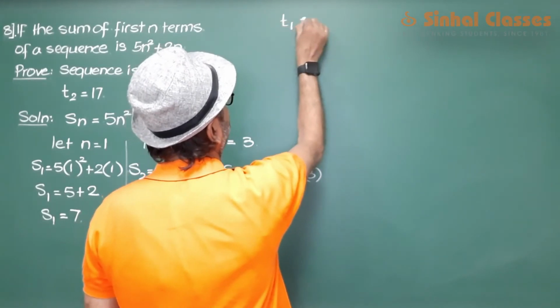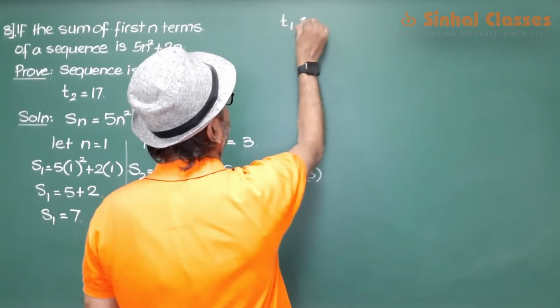So we'll have Tn is equal to a plus n minus 1 into d. 500 is equal to 5 plus n minus 1 into d. 500 minus 5 is equal to n minus 1 into 5.